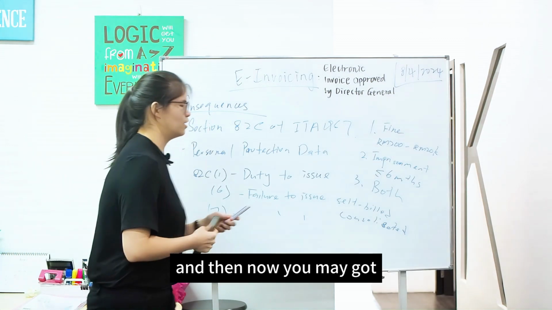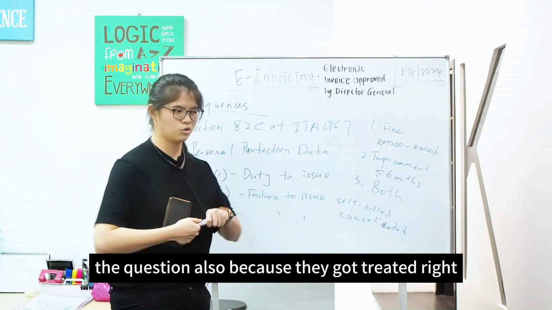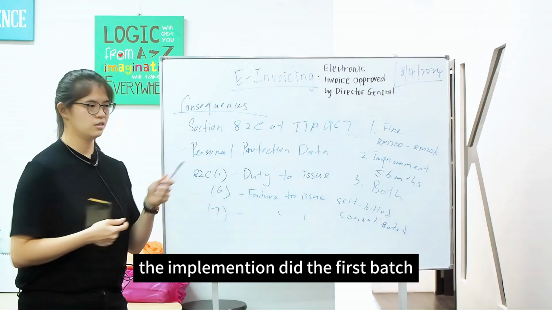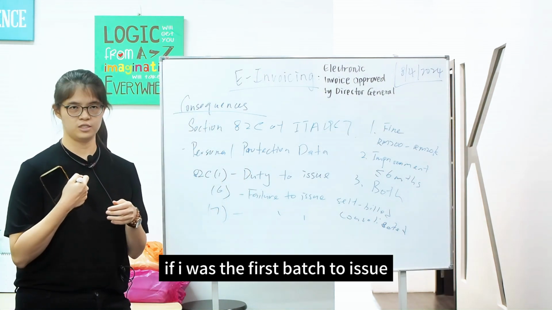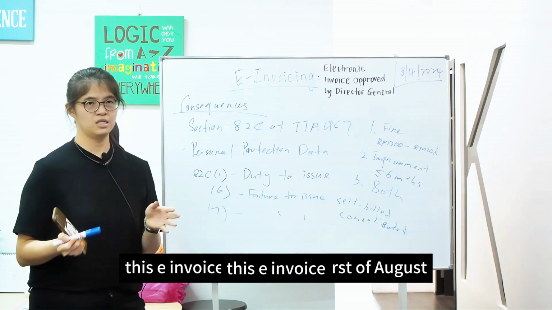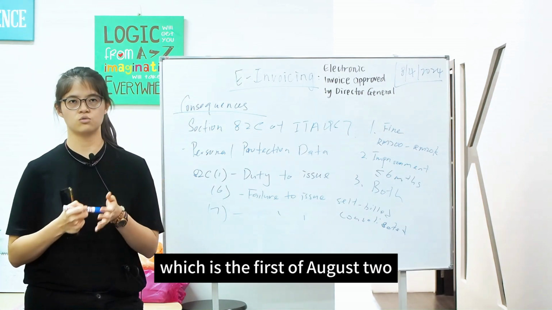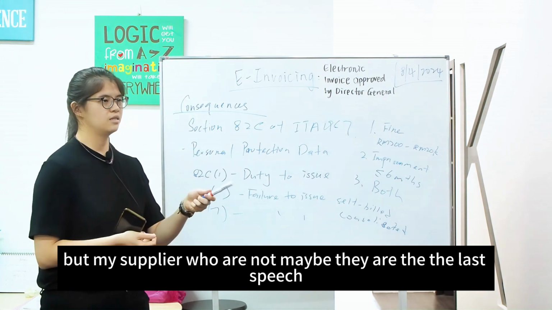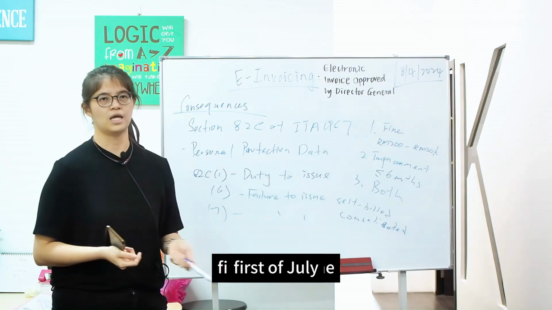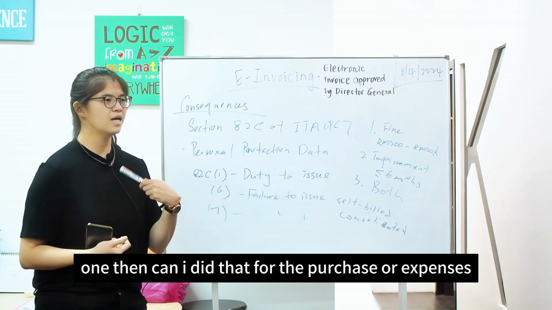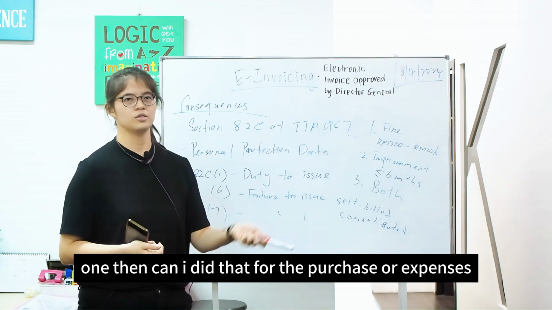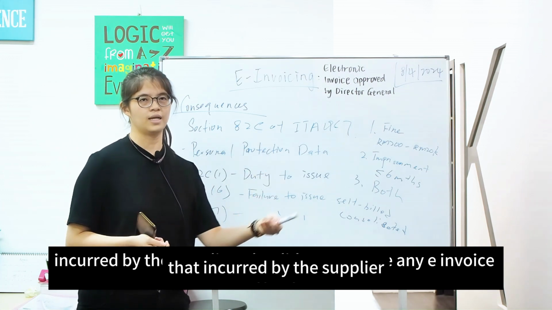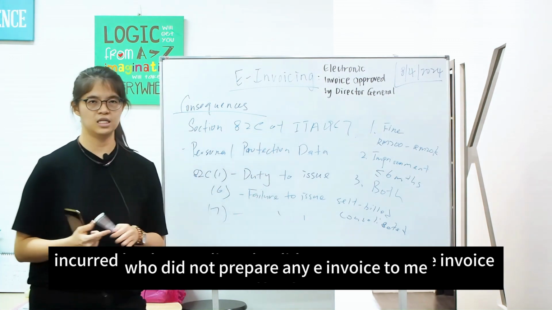Okay, and then now you may have a question also, because there are 3 tiers, right? The implementation date. If I was in the first batch to issue this e-invoice, which is the 1st of August 2024, but my supplier is not, maybe they are in the last batch, 1st of July, then can I deduct for the purchase or expenses incurred by the supplier who did not prepare any e-invoice to me?